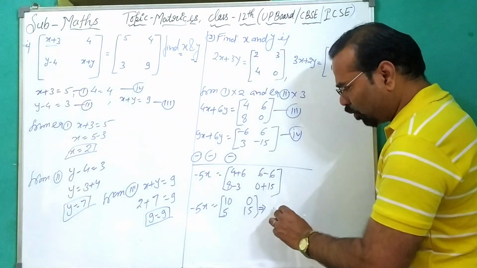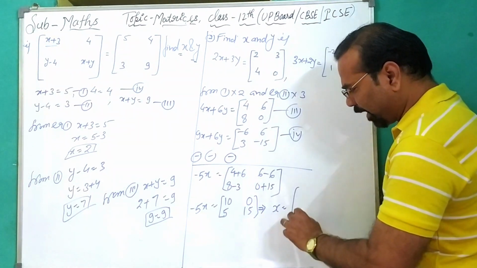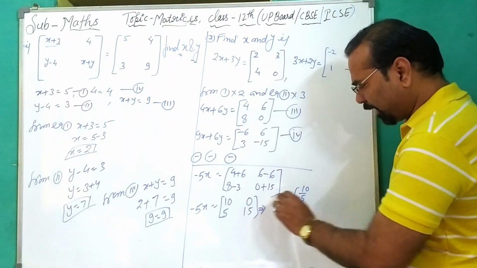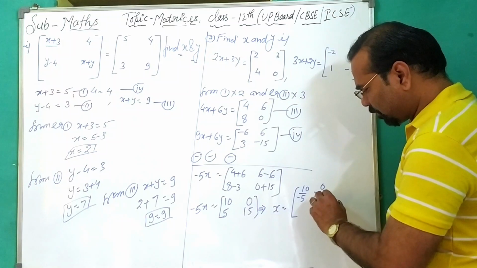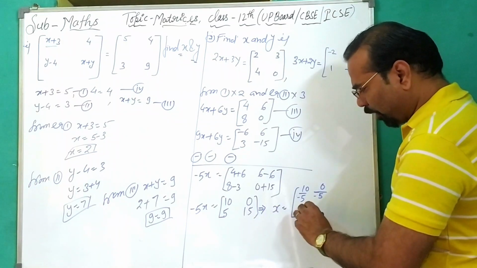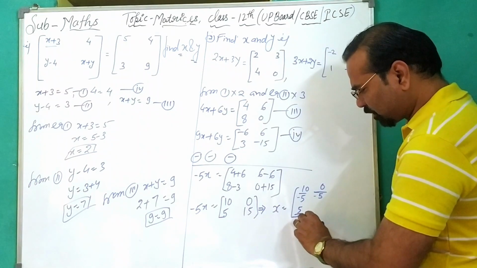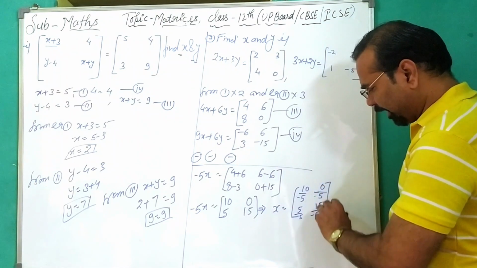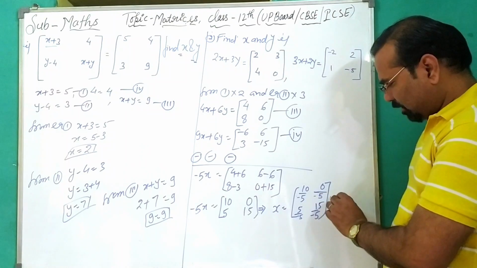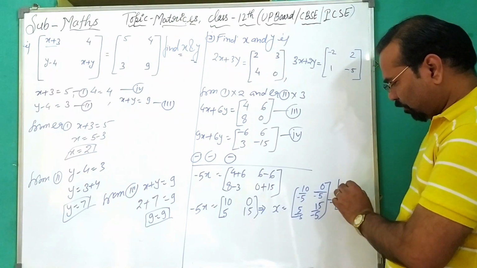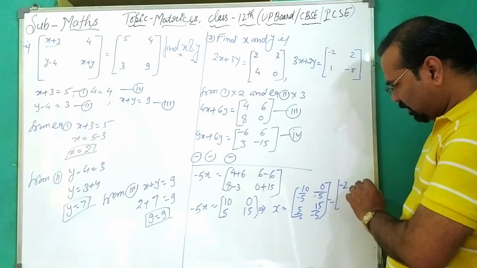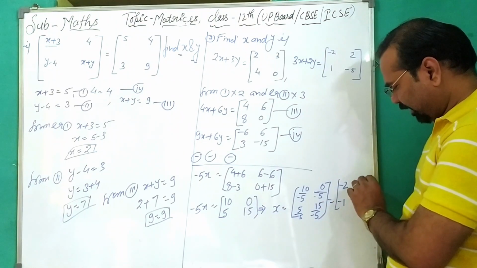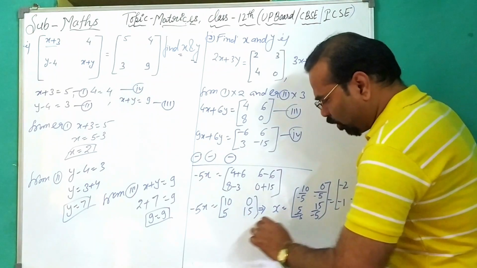Means the value of x is equal to, we have to divide by -5: 10 upon -5, 0 upon -5, 5 upon -5 and 15 upon -5. It means we can find the values -2, 0, -1 and -3.